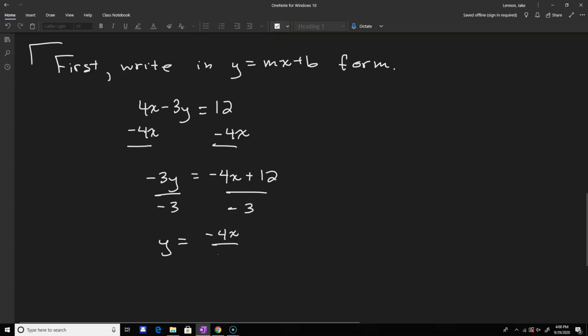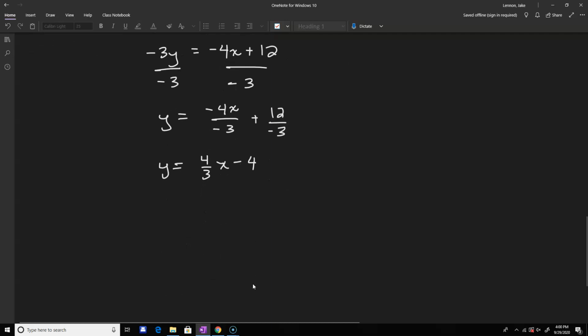So I can have negative 4x over negative 3 plus 12 over negative 3, and then I can write my form as y equals 4/3 x minus 4. So now we're in slope-intercept form, so we can identify both the slope and the y-intercept. My slope here is 4/3, and my y-intercept is (0, -4).